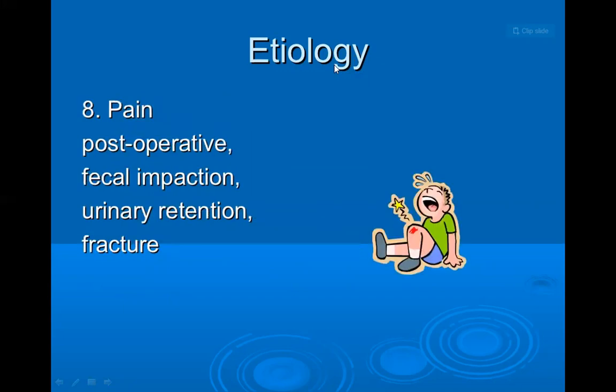Then next is pain: post-operative pain, fecal infection, urinary retention or fracture. In these conditions, if the patient has pain, why is pain responsible for causing delirium, or is it one type of risk factor? Because pain is related to our brain, the pain is transmitted to the brain.